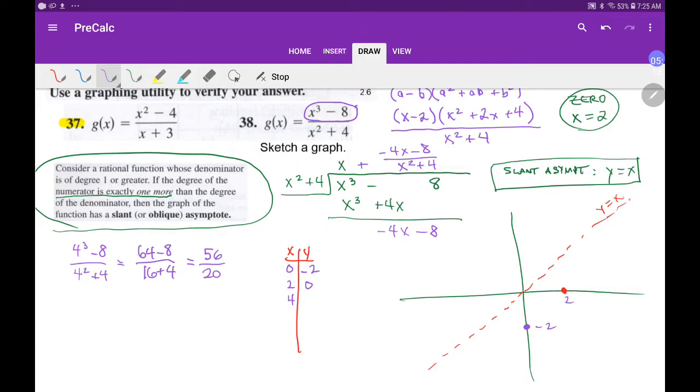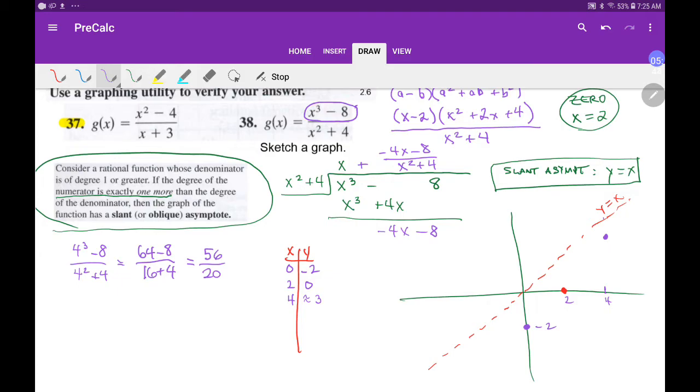What is that about? It's almost 3. So we'll say almost 3 at 4. So here's 4, we'll say. And you know, when x is 4, this line is 4, so I'm going to be a little less than the line, right? So we'll say right about there, something like that.